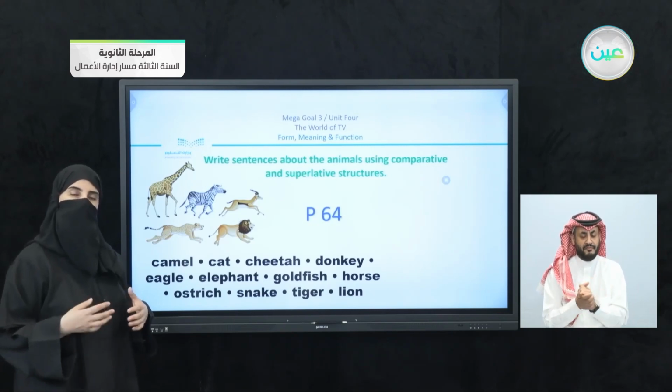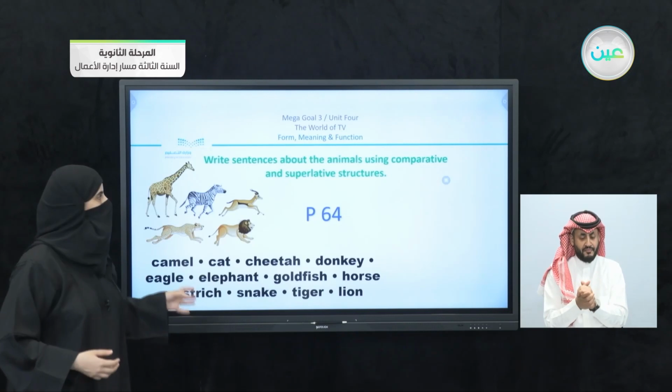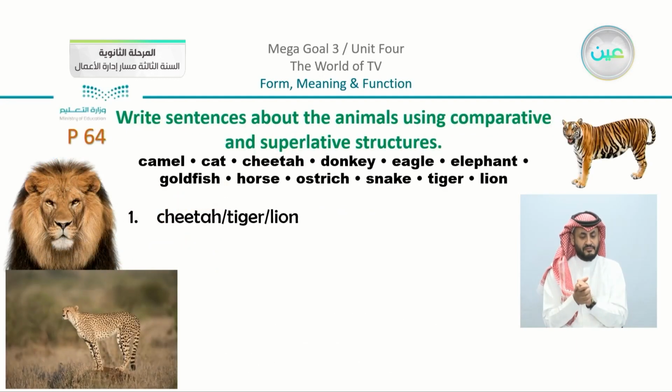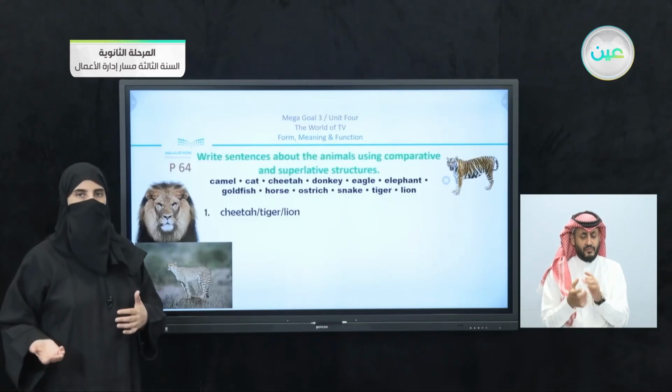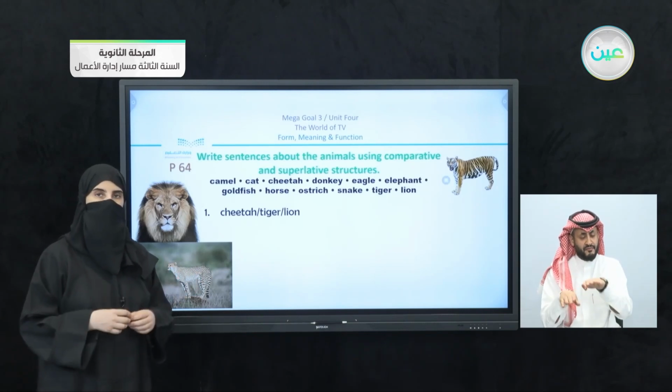So we are going to just use the examples that we have in the book here. We are going to compare as the book instructs us to, using the comparative and superlative. So we are going to use one-time superlative sentences or comparatives, and we're going to also use comparative degrees.